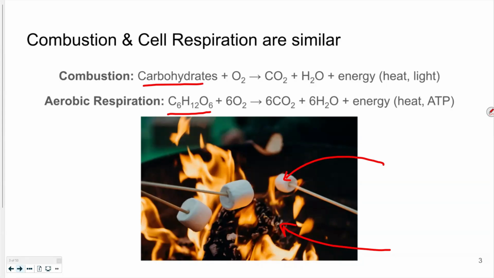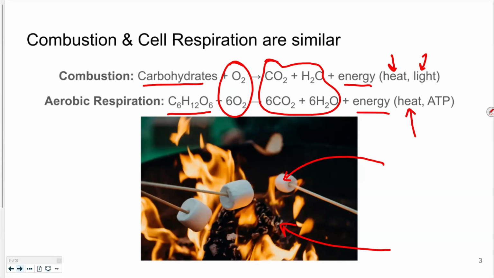Both processes require oxygen. Both processes are going to produce carbon dioxide and water, and both are going to create energy. Combustion is going to have energy in the form of heat and light, and aerobic respiration is going to have energy in the form of heat and the chemical energy of ATP.